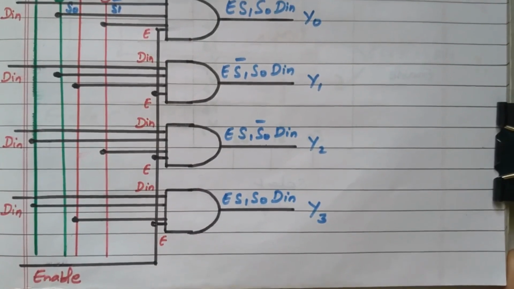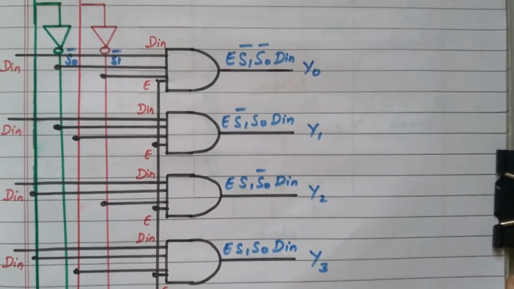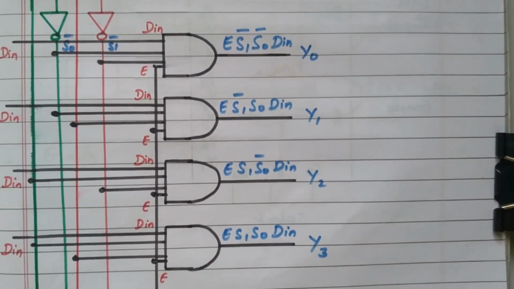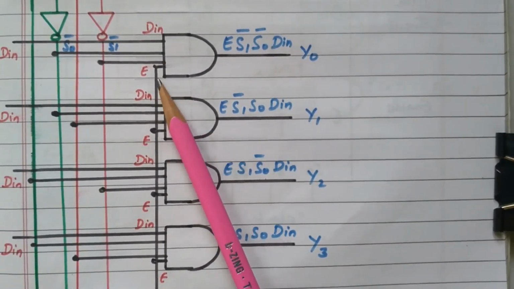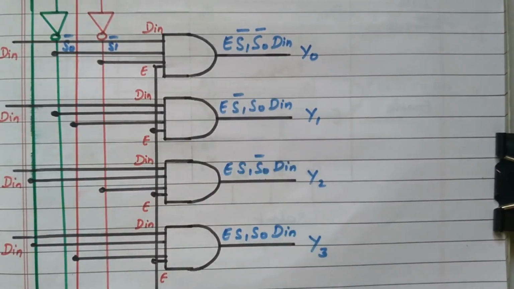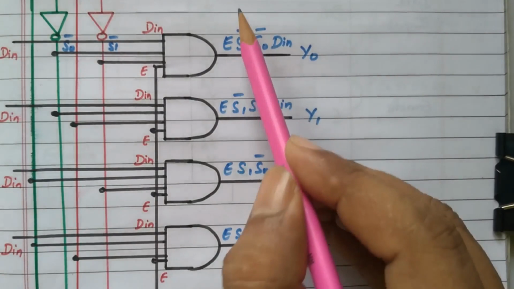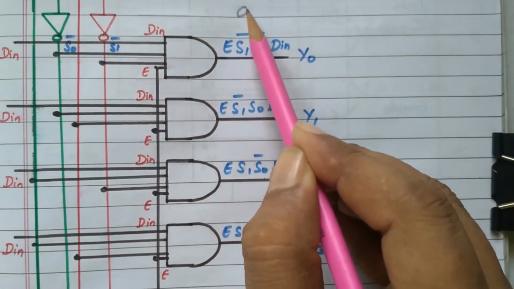Right? So we have 4 inputs. Out of 4 inputs, one input is the data line, the second input is the enable line. Right? The third and fourth inputs are the selection lines S1 and S0. We will see how it is produced. Right? So we already discussed that the input placed in the first position will be 0, 0.